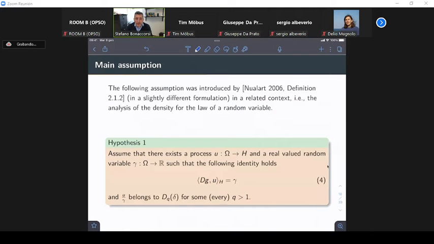In our case, we want to extend to the case when you have a local kind of condition.